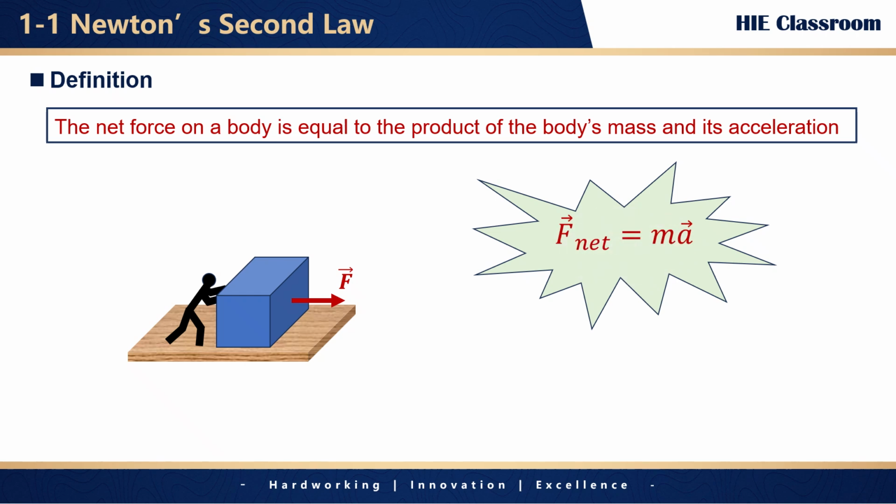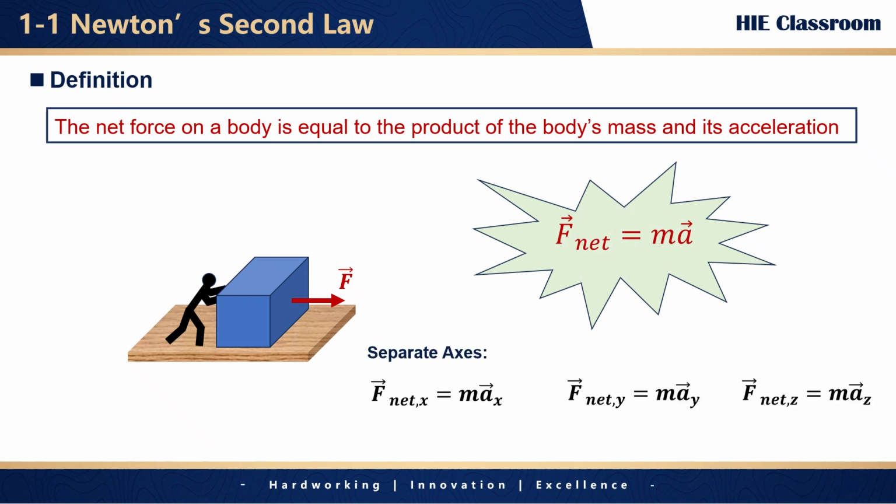Like other vector equations, this one can be separated into three component equations, one for each axis of our XYZ coordinate system. Each of these equations relates the net force components along an axis to the acceleration along that same axis.